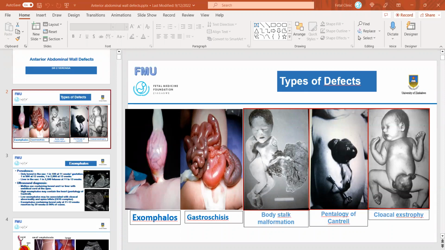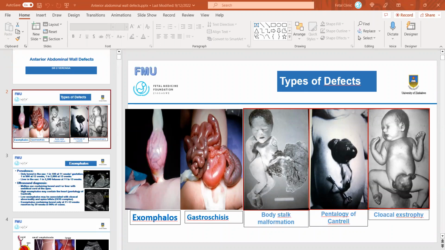Okay, so basically this is the summary of the anterior abdominal wall defects that one needs to know. You can see on the left is exomphalos. Exomphalos is easy. You just know that the bowels are covered by a membrane, as you can see there. That's exomphalos.